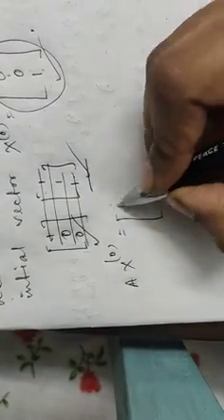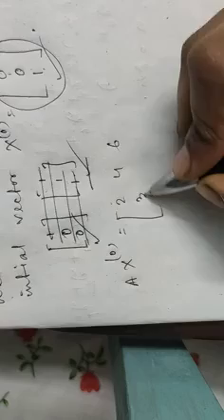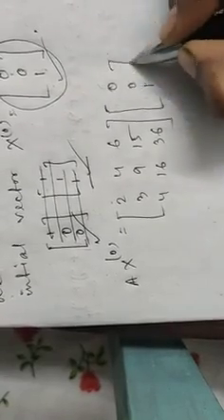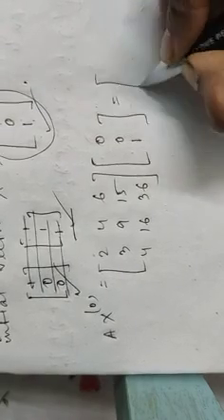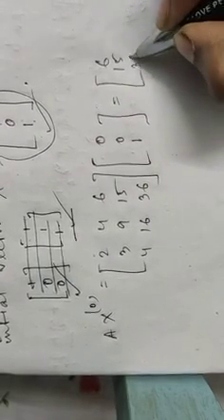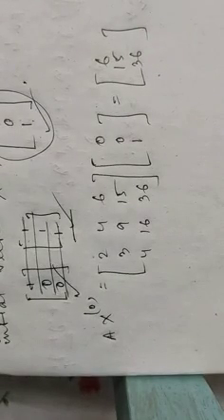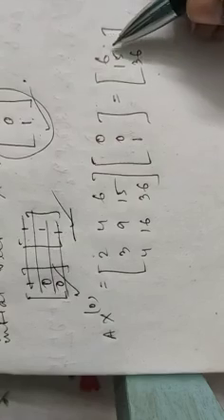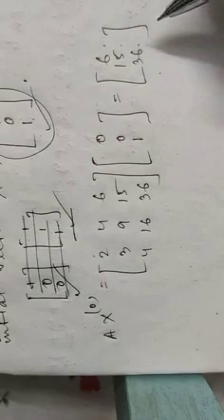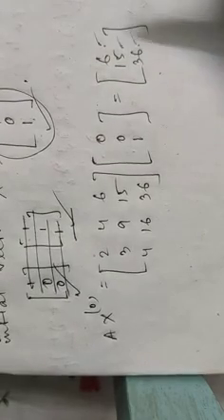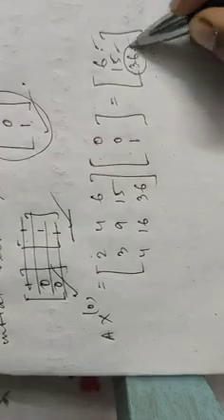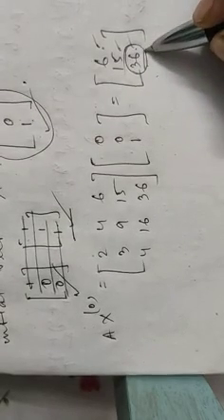Starting with A x0, this equals the matrix 2, 4, 6; 3, 9, 15; 4, 16, 36 times 0, 0, 1. This gives the result 6, 15, 36. Now we are trying to get the greatest eigenvalue, so in this vector, whichever is greatest, take it common. Among these three numbers, 36 is the greatest, so we take 36 common.